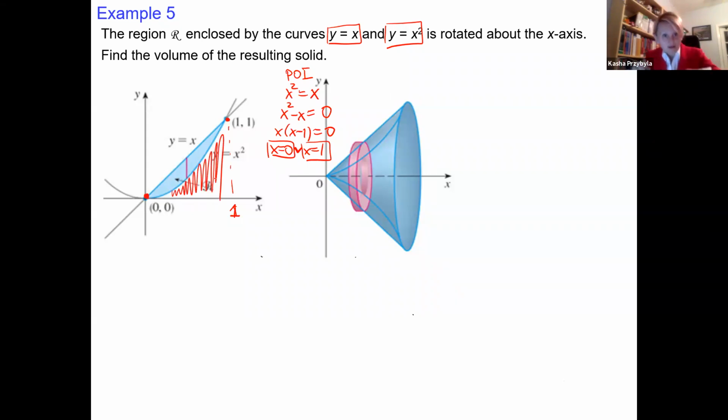We're rotating just that blue region, and we do have a hole. But the same process, we will integrate the cross-sectional area. The first question is, are we integrating in terms of x or in terms of y?